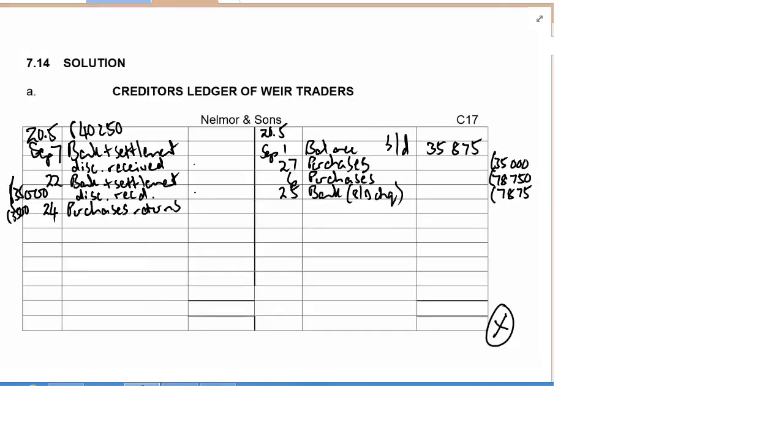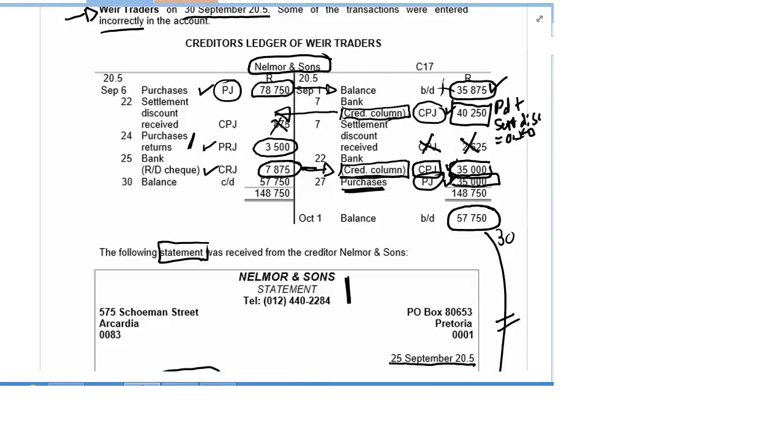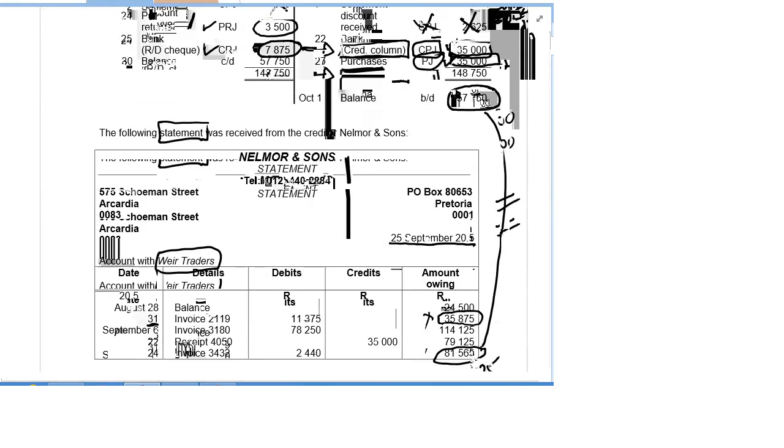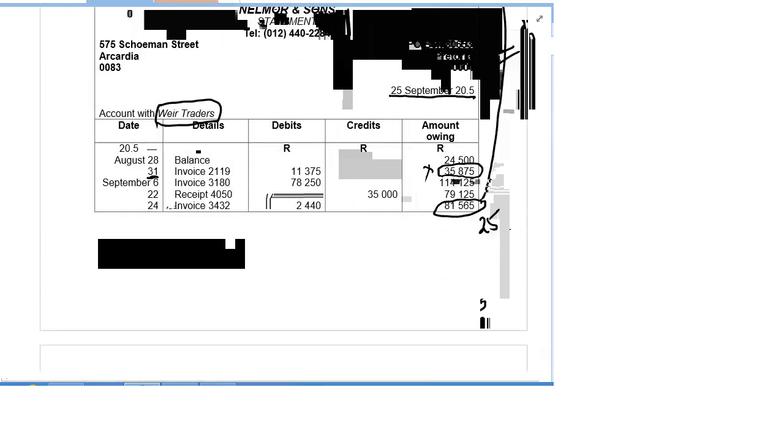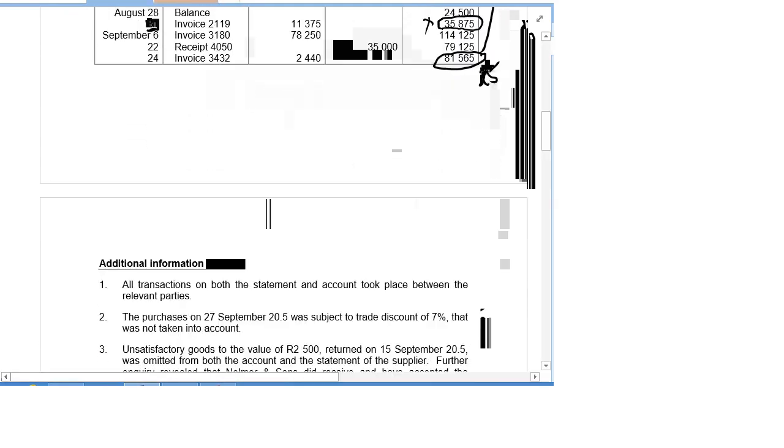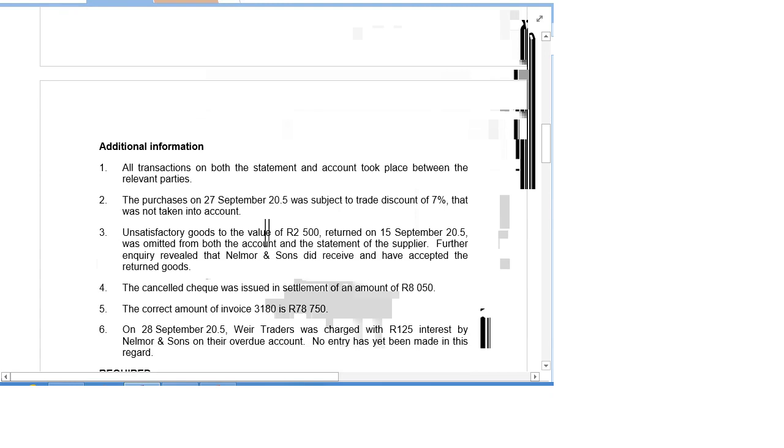So in the creditor's account, I have all the correct account names of what's being debited and credited. I've got my amounts ready there to put into the totals column once I've checked that there are no adjustments from the additional information. So now I'm going to go and read the additional information, and finally after that I'll come back and look at the statement that I got from the creditor.